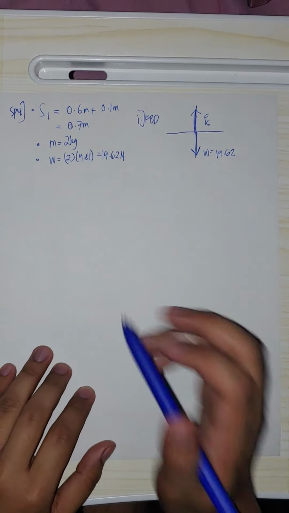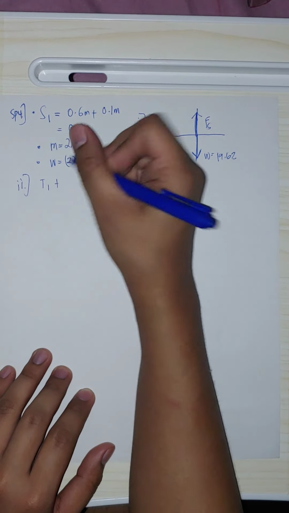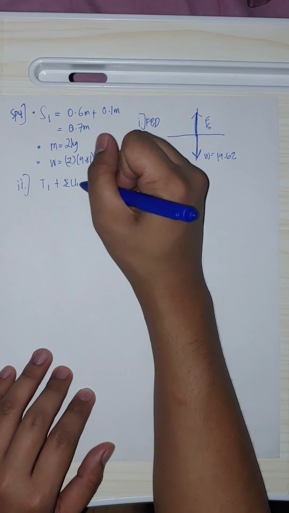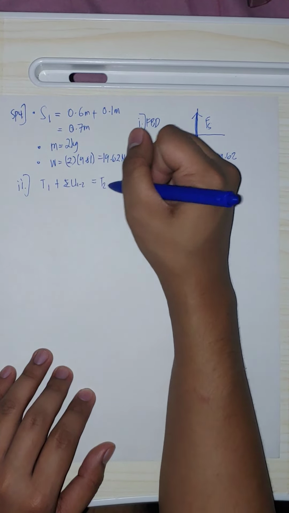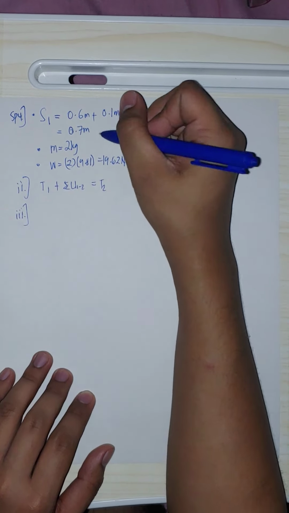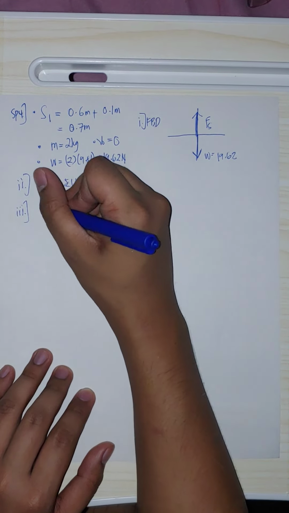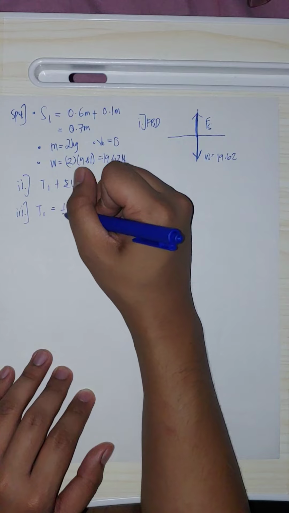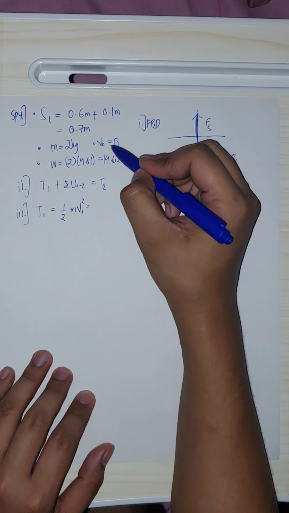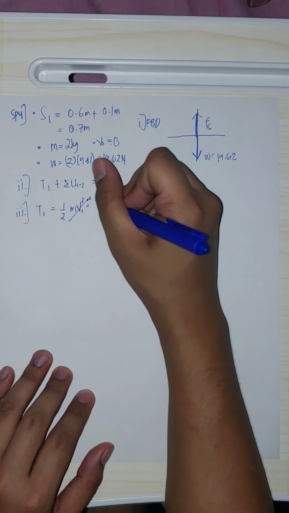Next, don't forget the work-energy principle: T1, the initial kinetic energy, plus the summation of the work, or the total work, equals the final kinetic energy. Another given is that the initial velocity is equal to 0, since it starts from rest. So the initial kinetic energy is 1/2 m v1 squared, and since v1 is 0, the initial kinetic energy is equal to 0.